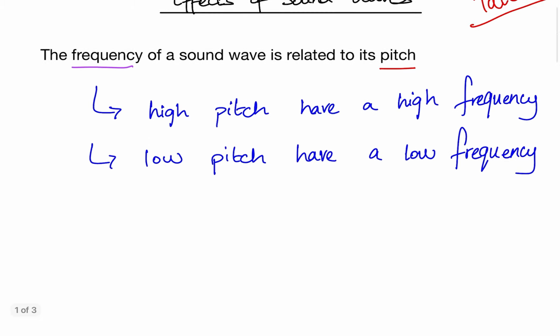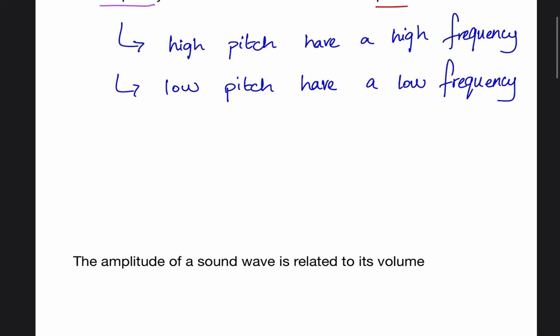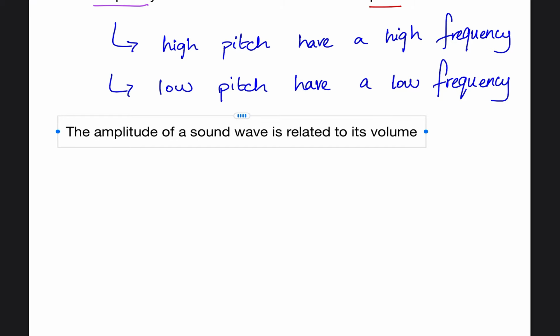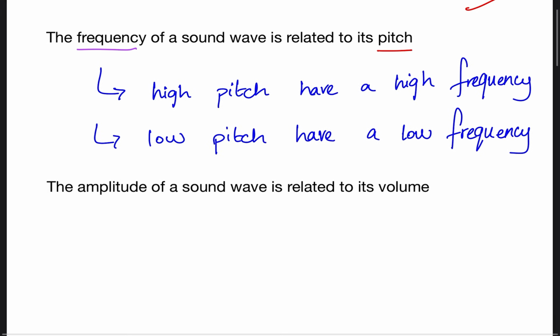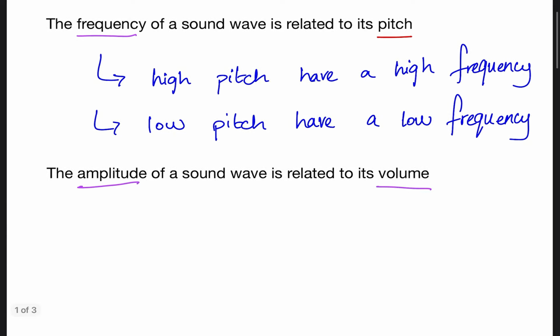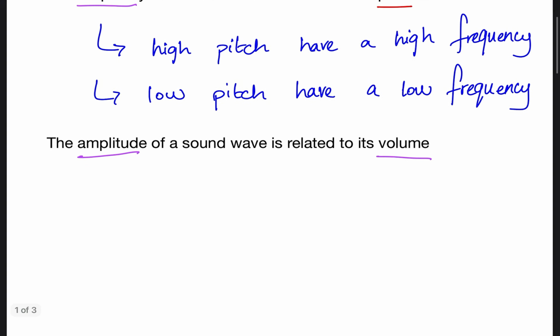I hope that's clear. Moving to the second point, when we talk about the amplitude, the two keywords given here are amplitude and volume. Make a note that sounds which have larger amplitude have a high volume.